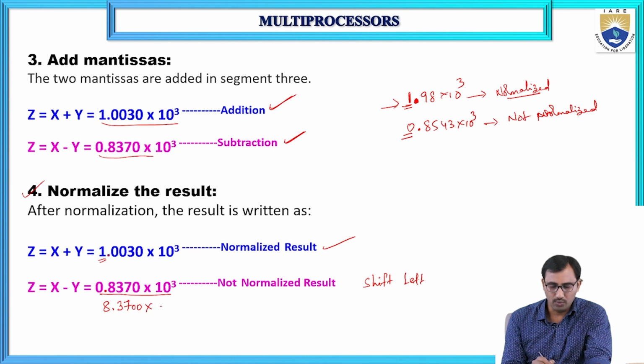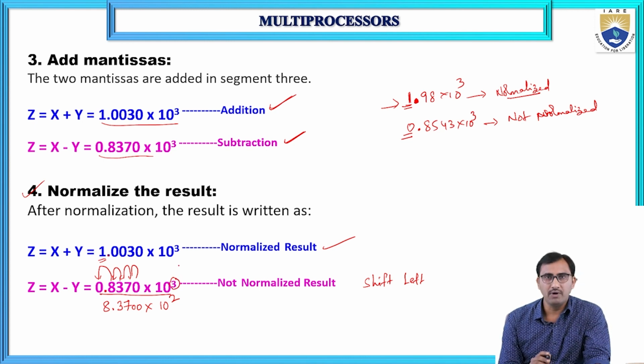then I will get 8.3700 into 10 power 2. Because if I perform one bit shift left, the 8 will come to here, then 3 will come to here. In this way, all the digits will be moved one bit towards the left side, and their exponent changes. If we perform shift left operation, the exponent will be decremented by 1, and if we perform right shift, then the exponent will be incremented by 1.